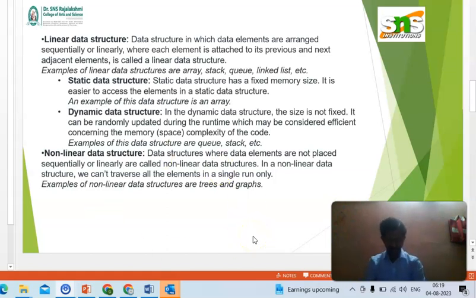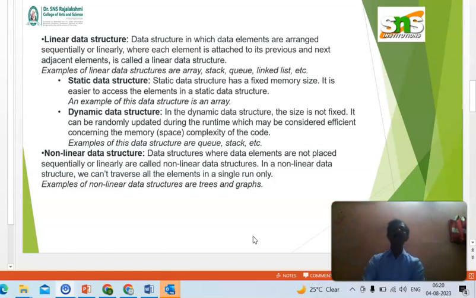Next one, dynamic data structures. Dynamic means it can change over a period of time. If the size is not fixed, it can be randomly updated during runtime, which may be considered efficient concerning the memory space complexity of the code.